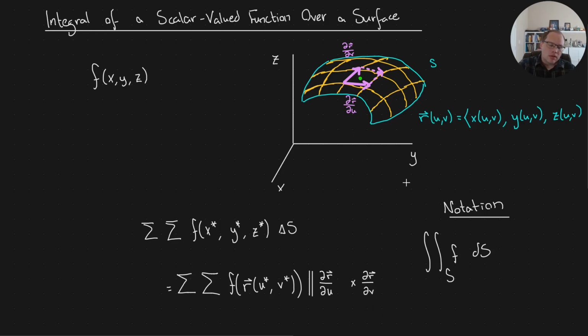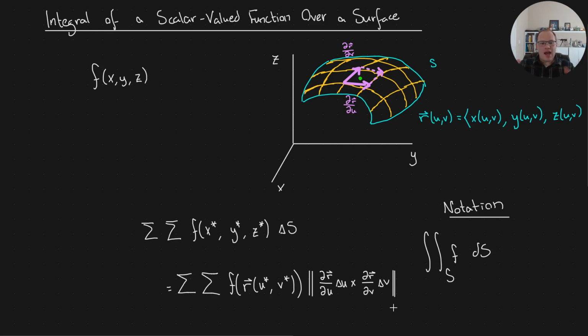Now, this isn't quite right. We also have to take into account the size of the region, not just the partial derivative. So we could multiply by some small change in u, some small change in v, and that adjusts for it.